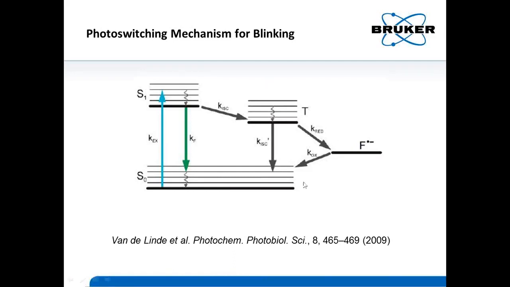So if you're able to control this process using buffers and also the laser intensities that you're using, then you will be able to control the density and the intensity of your molecules and thereby optimize your imaging conditions.